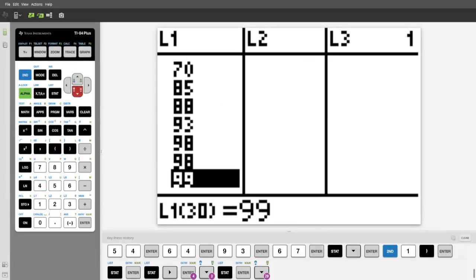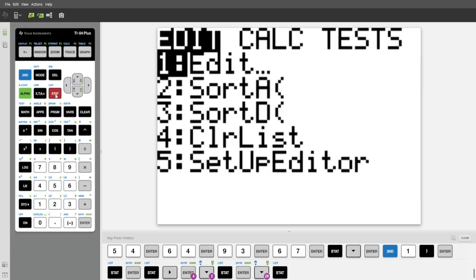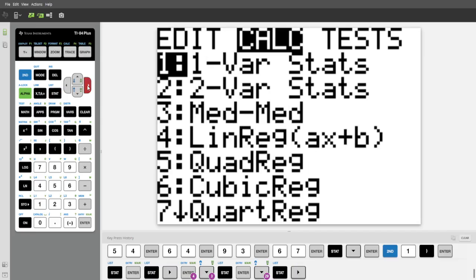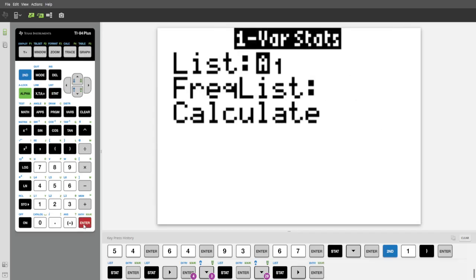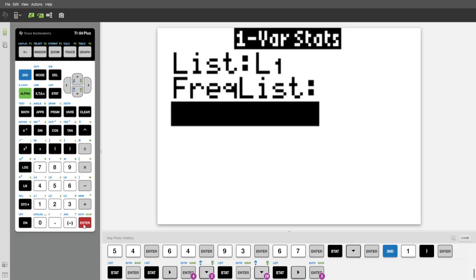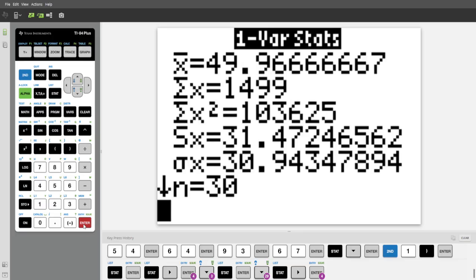So if we go to our TI-84, now what we're going to have to do is go to Stat, go to Calc, 1-Var Stats, and enter, enter again, and enter one more time. So now we're going to scroll down.